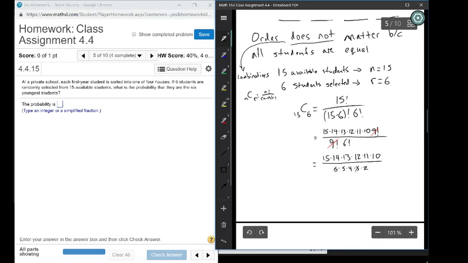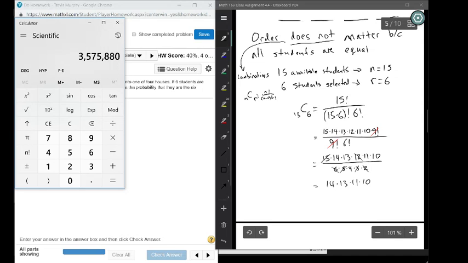Well, I see that 3 and 5 cancel out with 15, so that's reasonable. Also 6 and 2 cancel out with 12. So we have 14 times 13 times 11 times 10. So 14 times 13 times 11 times 10 is 20,020.